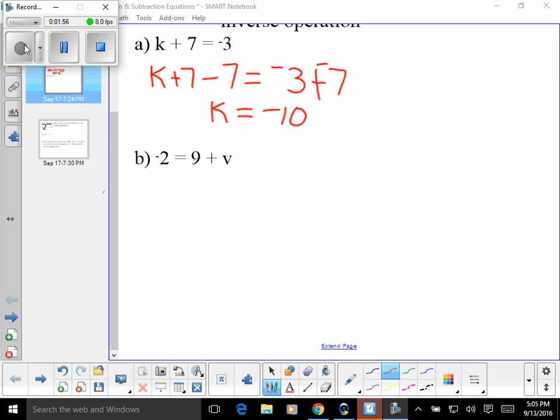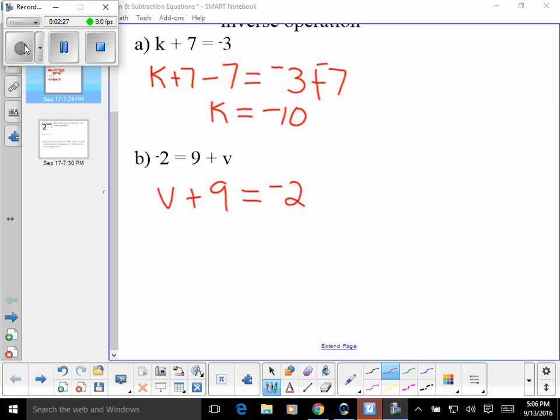Sometimes they will write an equation in this type of format, and it's a little tougher for us because we prefer to have the variable on the left side. We can do that, and in fact, we prefer to see the variable written first. Using the commutative property from chapter 1, we know that we can rewrite 9 plus v to v plus 9, and then equals negative 2.